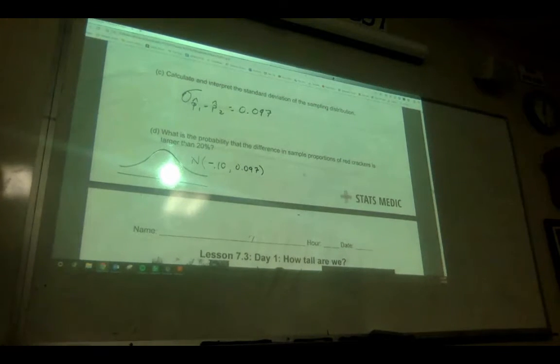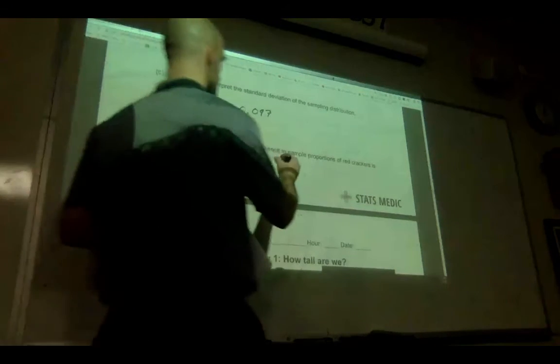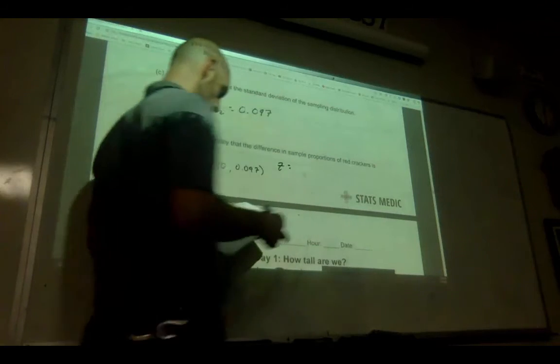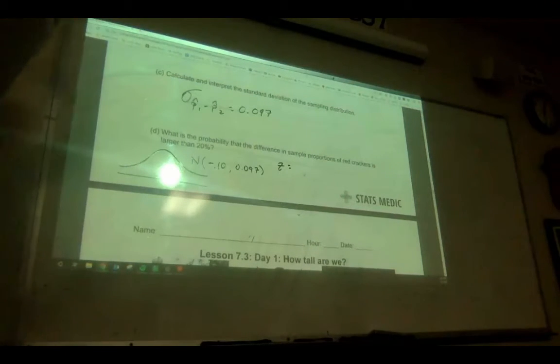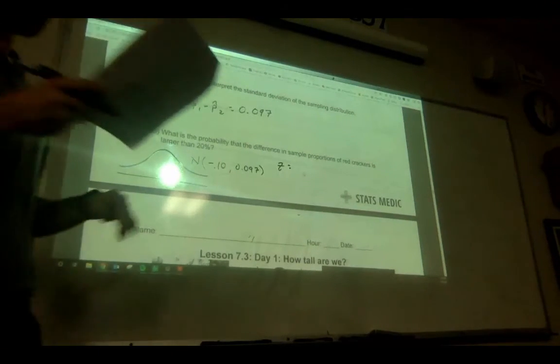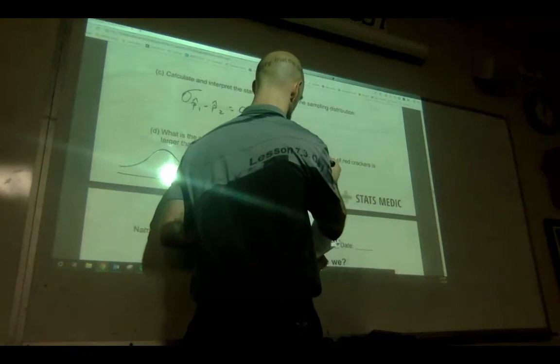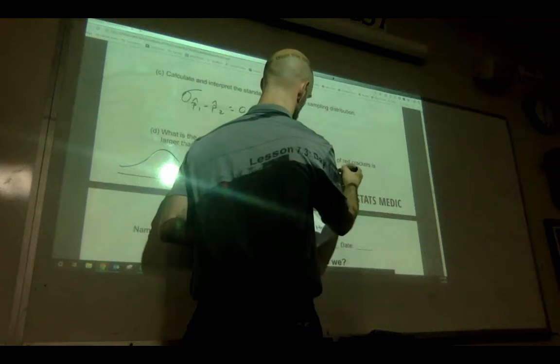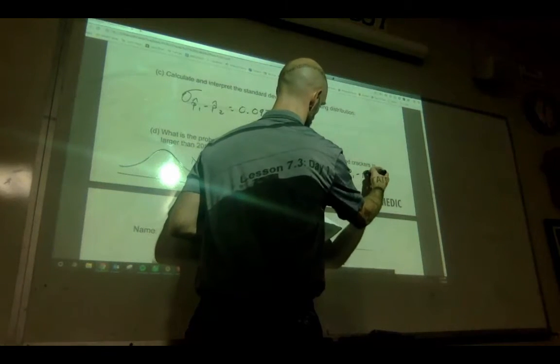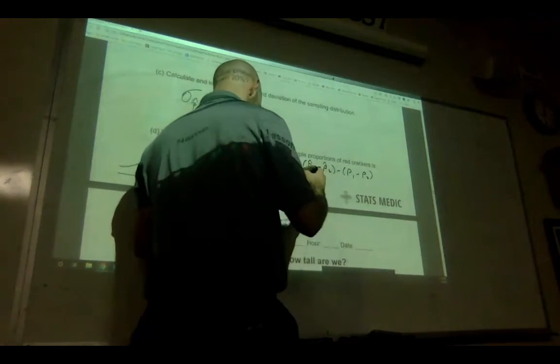I have to think. Let's calculate this using z-scores. My z-score, and showing the formula here.